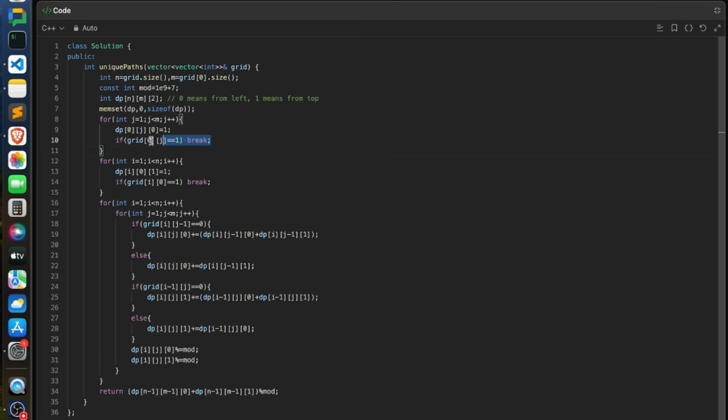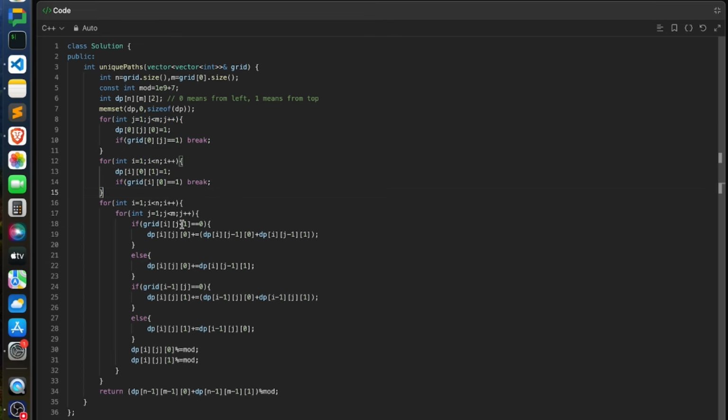That is why I check if there is a mirror here, and just break, because you won't go further once hitting the mirror. Now similarly for the first column, you keep on going down, but as soon as you hit a mirror, it will move to the right, so it won't go further.